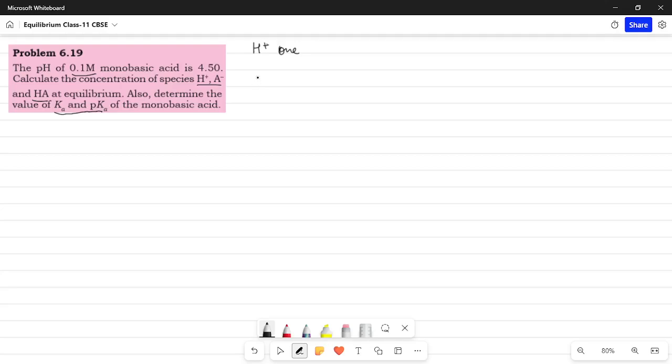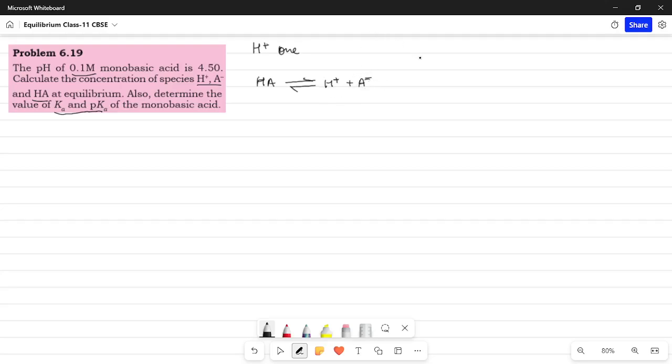So essentially the monobasic acid can be written as HA, which is in equilibrium to give us H plus and A minus. It's very important because this gives us the information that the number of hydrogen ions is equal to the number of the additional ions that are released.